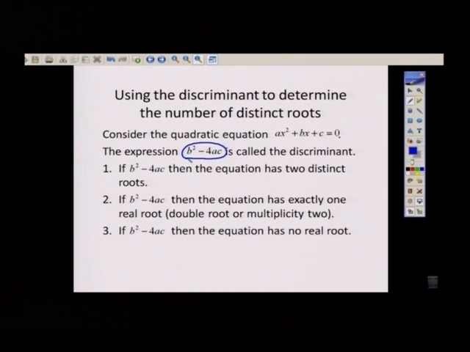So if b squared minus 4ac is greater than 0, then the equation has two distinct roots. We found out if it was equal to 0, then the equation had exactly one real root. And that was when it was a double root, or sometimes they call that a multiplicity of 2. But if the discriminant is less than 0, then there were no real solutions and no x-intercepts.